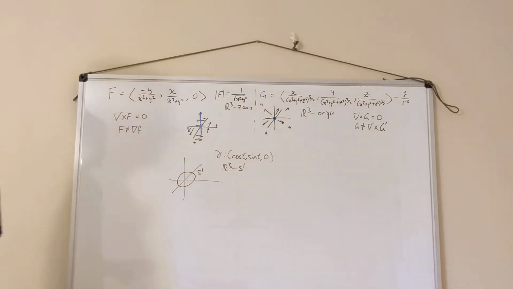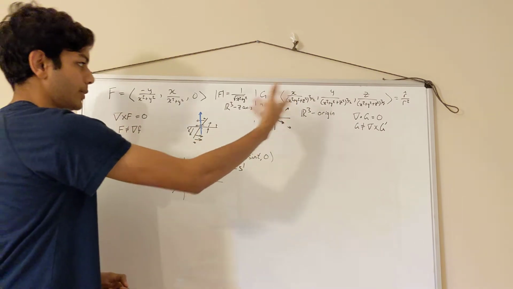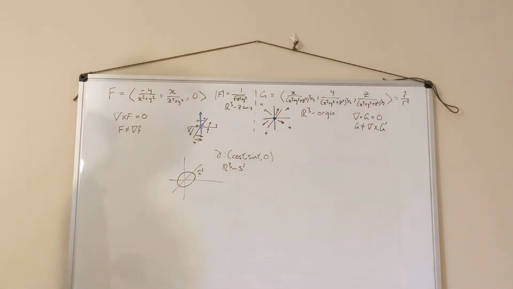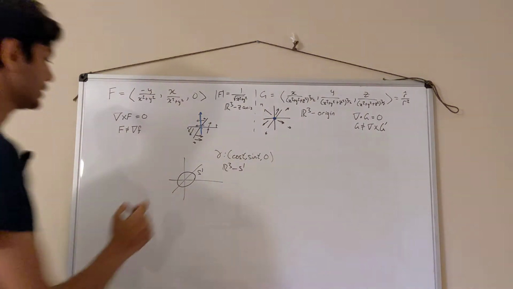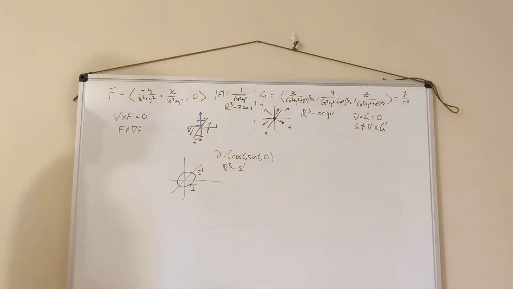So first, let's discuss the magnetic fields in detail, because this one we sort of have a grasp of how to deal with multiple holes. We can just translate G, but this one it's a bit harder to get a grasp on. So what we can do is pretend that there is some constant current I flowing through this loop S1.